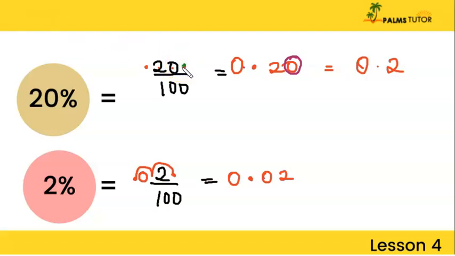So we can just move it 2 places backward. It goes 1 and 2. Along the line as we are moving, if there are empty spaces with no digit, we fill them with a 0. The decimal point stays right in front here. That's why I filled this up with a 0. So we have 0.02.